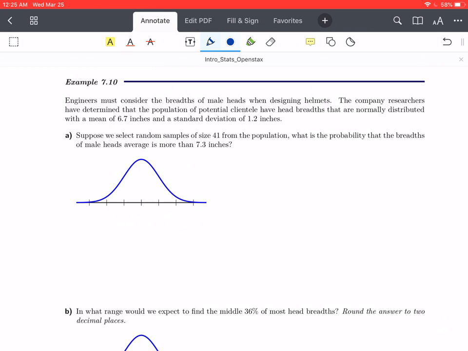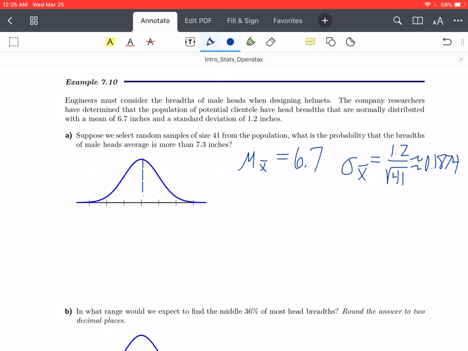So here we're dealing with sample means. So we need the mean and standard deviation. So the mean is just going to be the same, so it's 6.7. Standard deviation is 1.2 over the square root of n, which is 41, which gives a standard deviation of 0.1874.